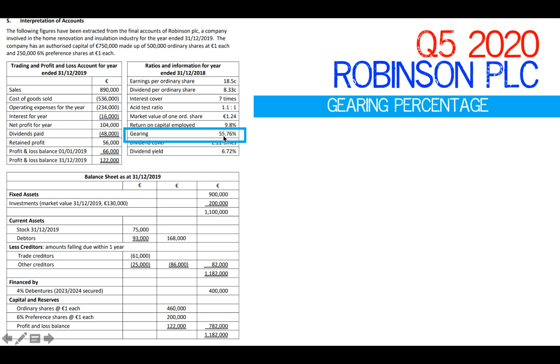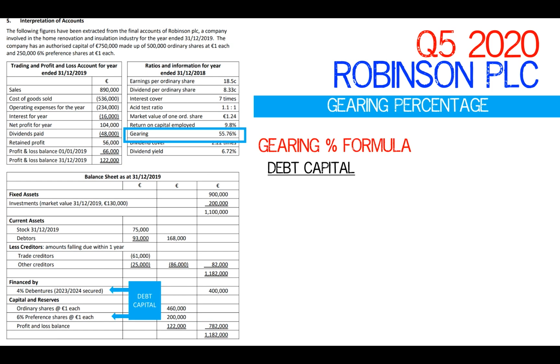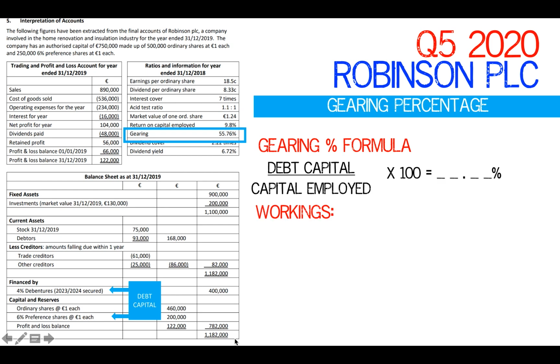Okay, 2020 Robinson PLC. We can see here last year it was highly geared at 55.76%. So let's see what the gearing percentage is. Debt capital, which is your debentures and your preference shares, over capital employed, which is your 1,182,000, all of the money that you've employed in the business, multiplied by 100.